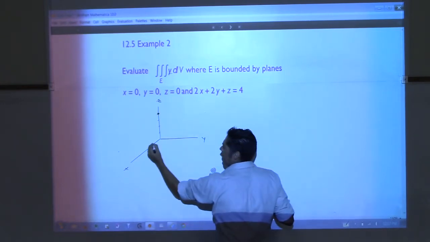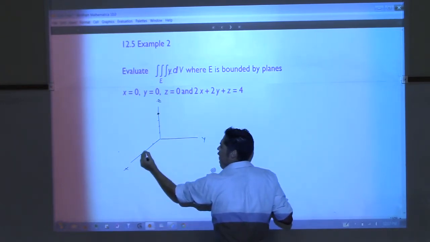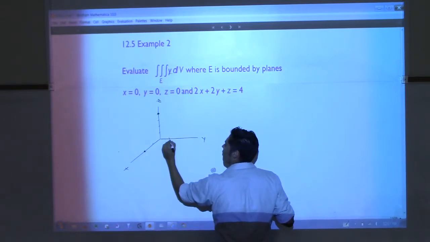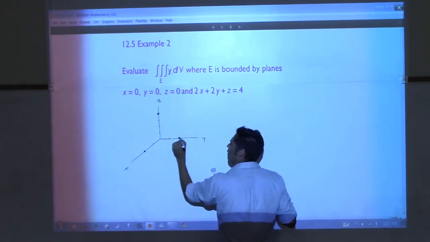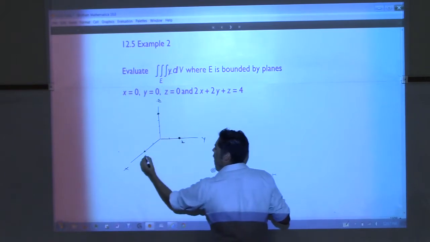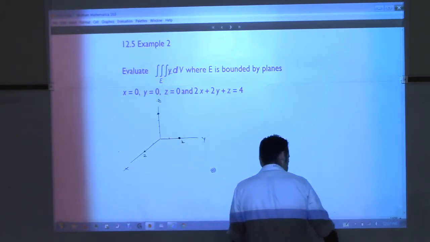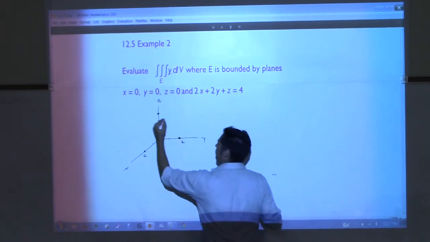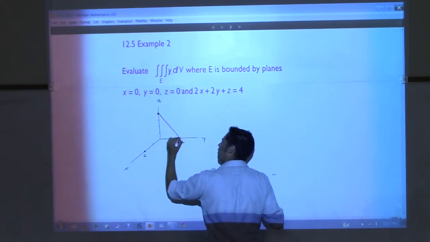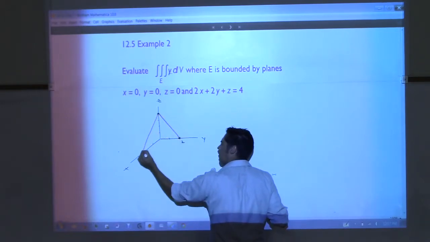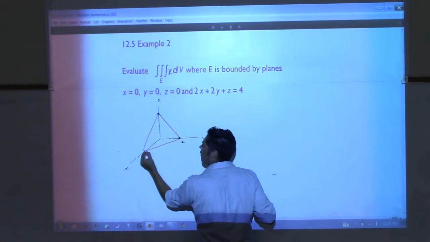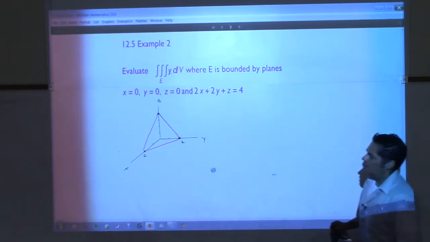Where does it hit the x-axis? 2. And where does it hit the y-axis? 2. And so we've got this little plane here. Like that, right? That's my plane.